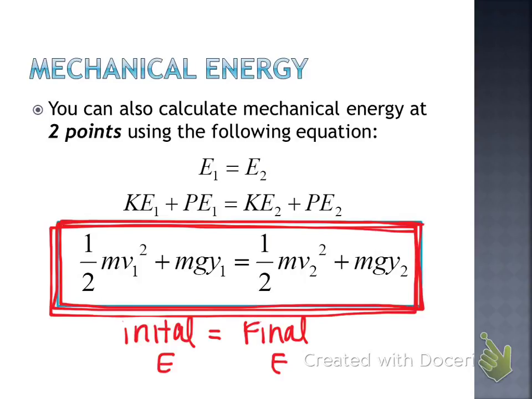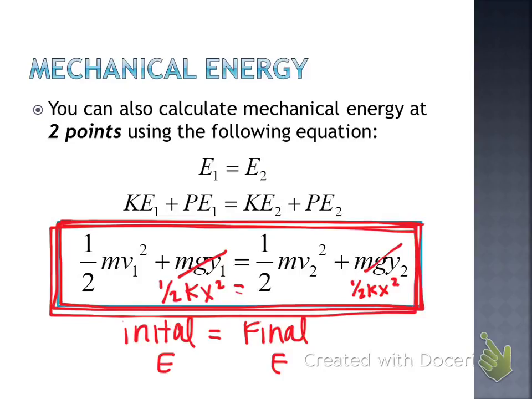The only thing that would be different if we were looking at potential energy of a spring is that we're not using gravitational potential energy anymore. We'd be using potential energy of a spring, so we'd say 1/2 kx squared. Does that make sense? Instead of using potential energy of gravity, we would use potential energy of a spring. Okay, are we on the same page with that?